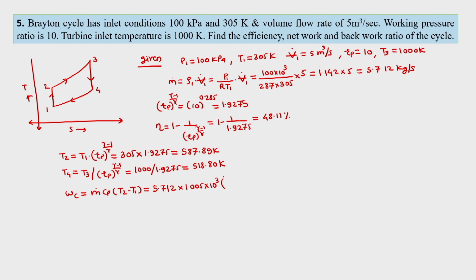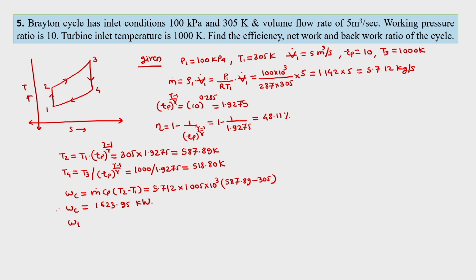So T2 is known to us as 587.89 minus T1, which is 305. So compressor work is basically 1623.95 kilojoule per second, so it is kilowatt.